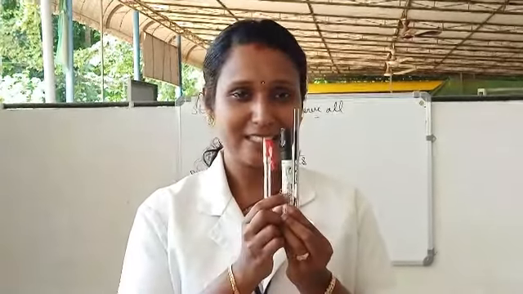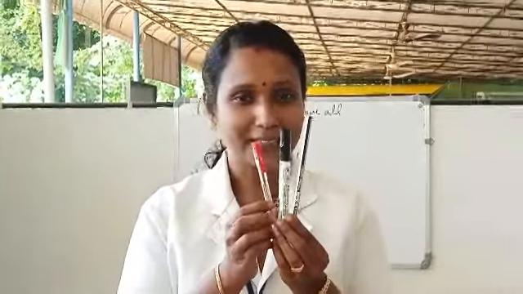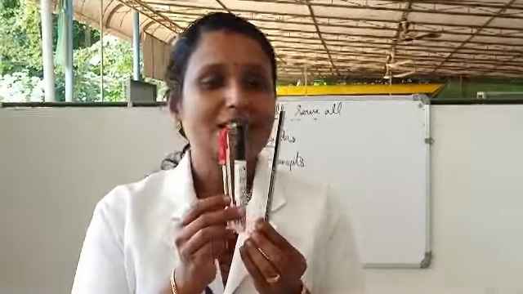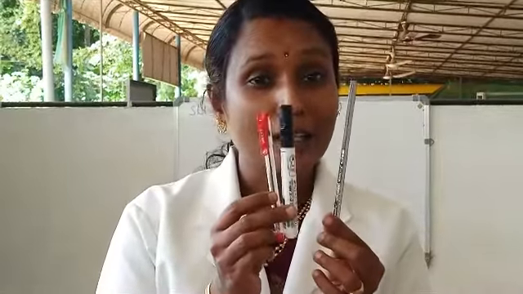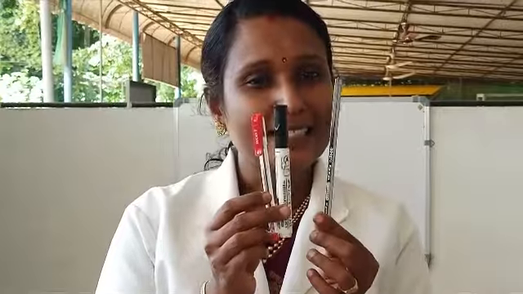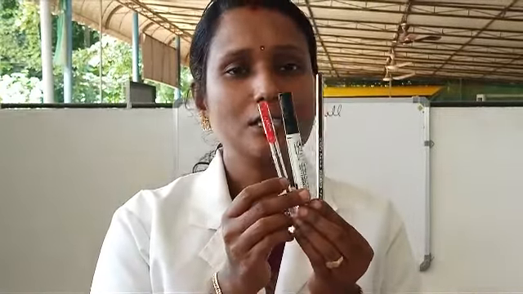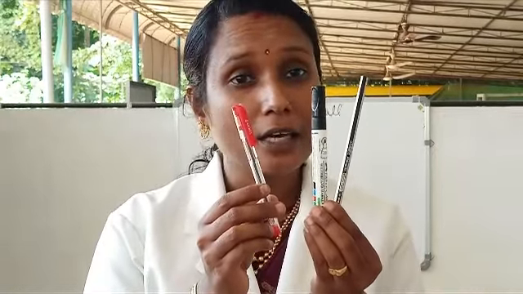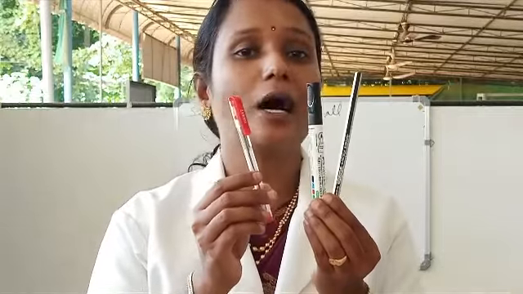Children, look at this. This is a pencil and this is a marker and this is a pen. The pencil is standing before the marker. Before. Now look at this. The pen is standing after the marker.